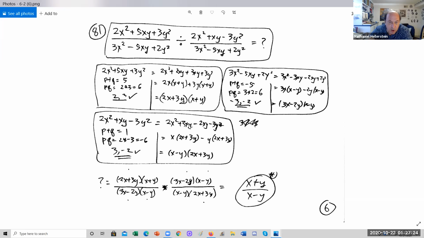So we write xy as 3xy minus 2xy. And after factoring by grouping, you get x minus y times 2x plus 3y, which is right here. Like I said, these are identical, so they go away, poof. That should have been seen right away. Here, 2x plus 3y cancels, and we're left with x plus y over x minus y.